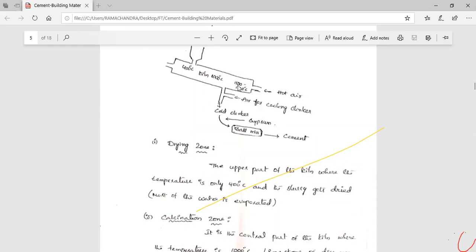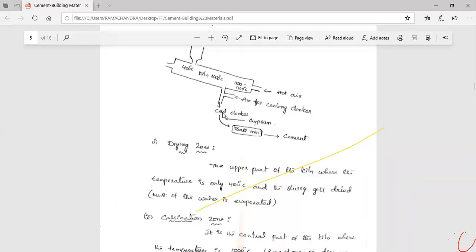While burning lime and clay, they produce one product, and that product is known as clinker. We are using high temperatures, so the clinker is very hot, which is why we apply cool air to the formed clinker.